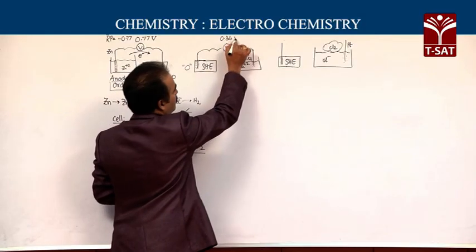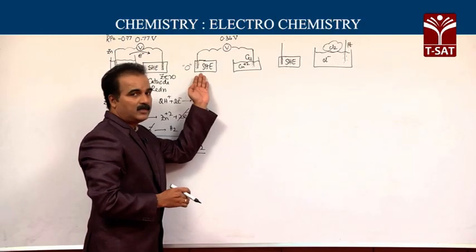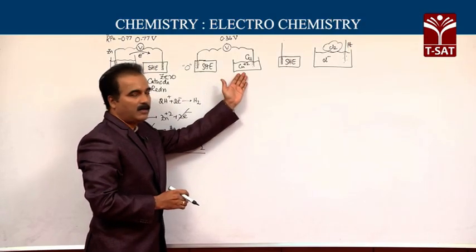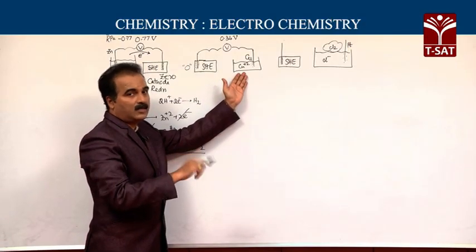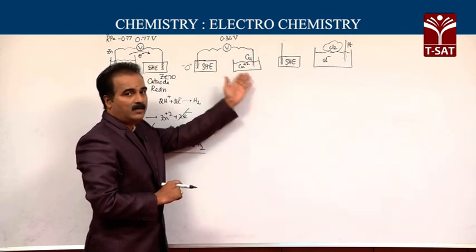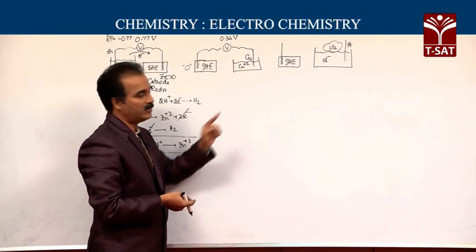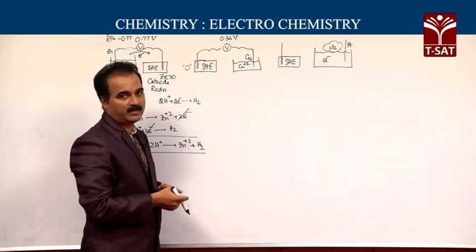So, 0.34 volts difference in potential is developed, meaning with respect to the hydrogen electrode, the copper electrode has developed a lesser potential of 0.34. This is already 0 and this is lesser than 0 by 0.34 volts. So, this will be minus 0.34 volts.